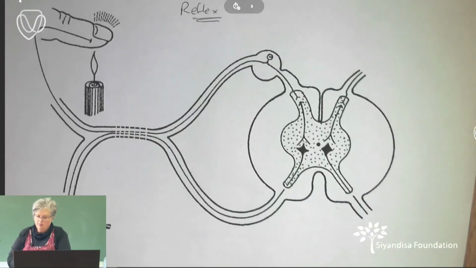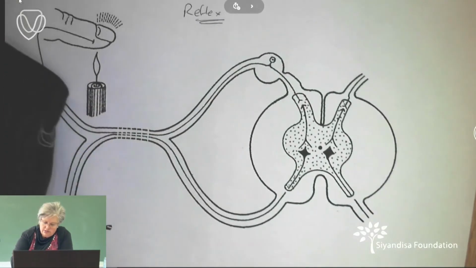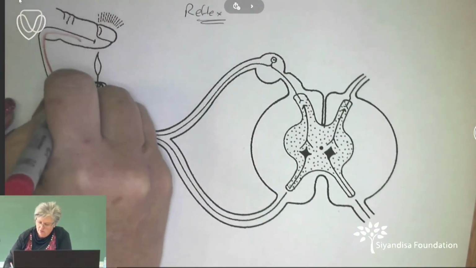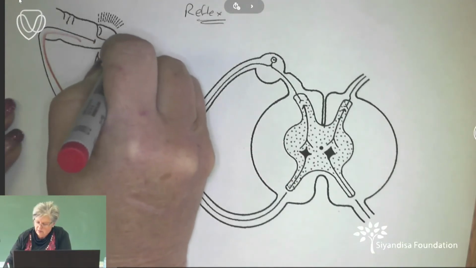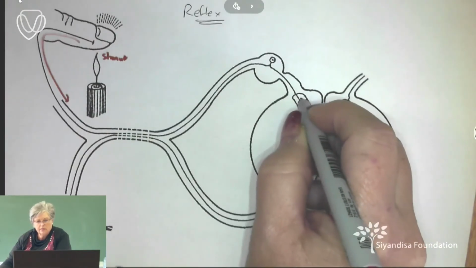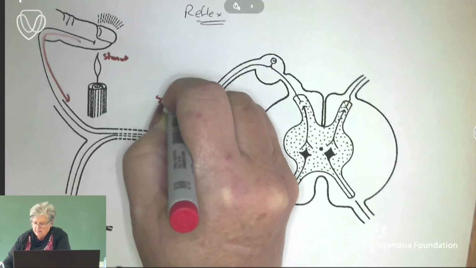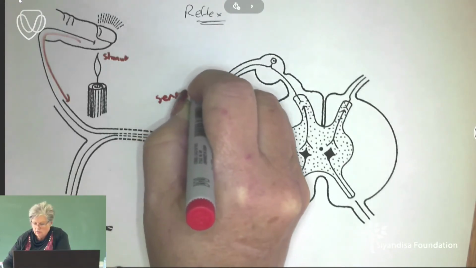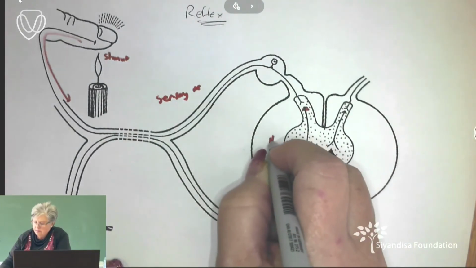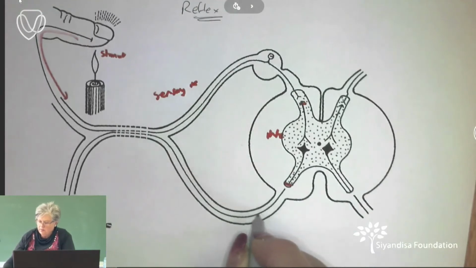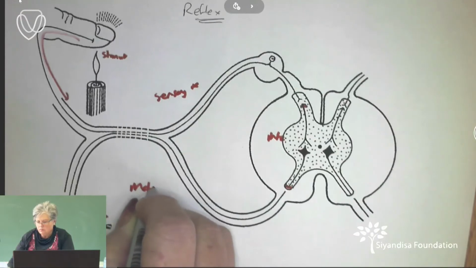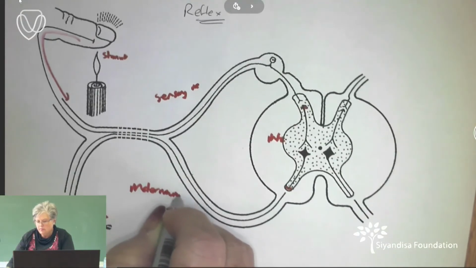Firstly, I must know which neuron will be this one, that takes it from the stimulus to the central nervous system. And that will be my sensory neuron. In the back, there is the interneuron, and from there, the one that takes it to the muscle is the motor neuron. So that's easy to remember.